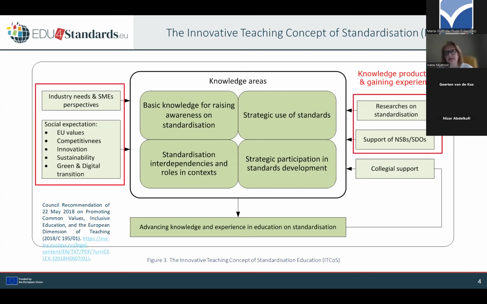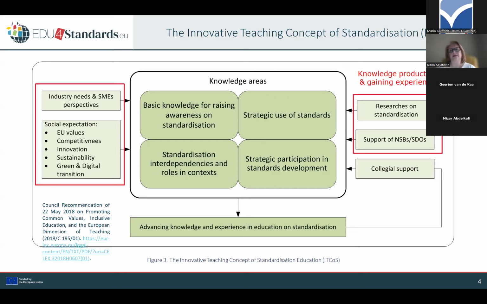The concept is related to knowledge production in research papers on standardization and publications from researchers and national standards bodies and SDOs. However, for gaining experience in standardization, the role of national standards bodies and SDOs, especially European SDOs, is critical.